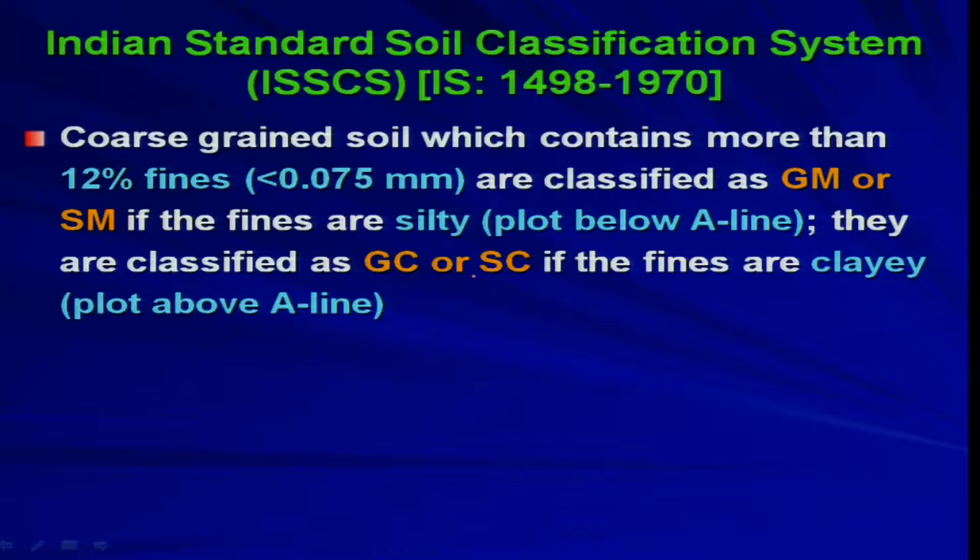You collect the fines which pass through the 75 micron sieve, do the liquid limit test and find out the plasticity index, and then you go to the IS plasticity chart, and if that plots below the A line, then it will be classified as silt.